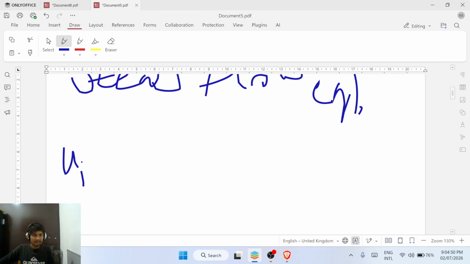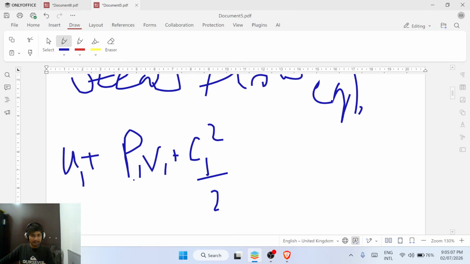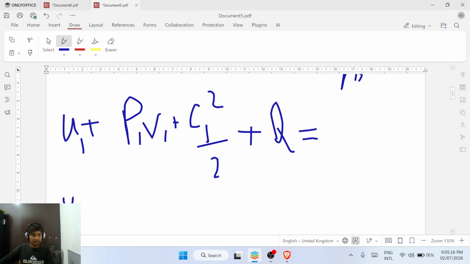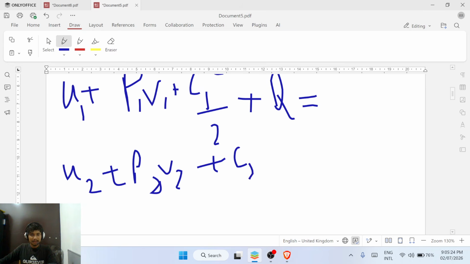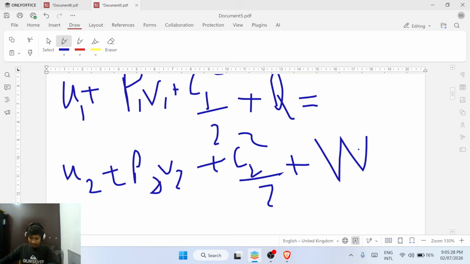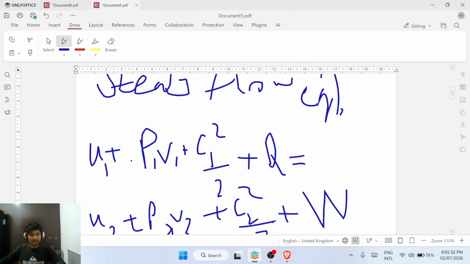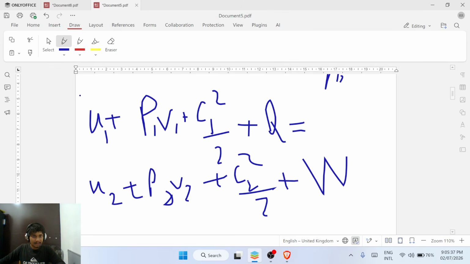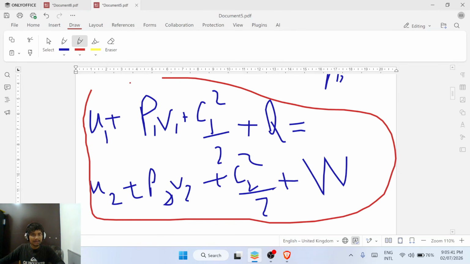That is U1 plus P1 V1 plus C1 square by 2 plus Q is equal to U2 plus P2 V2 plus C2 square by 2 plus W. This is the steady flow equation.